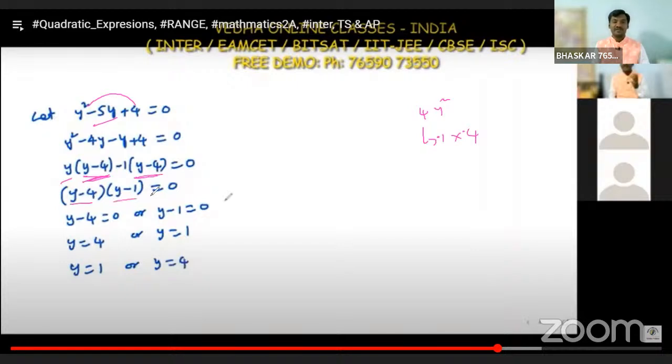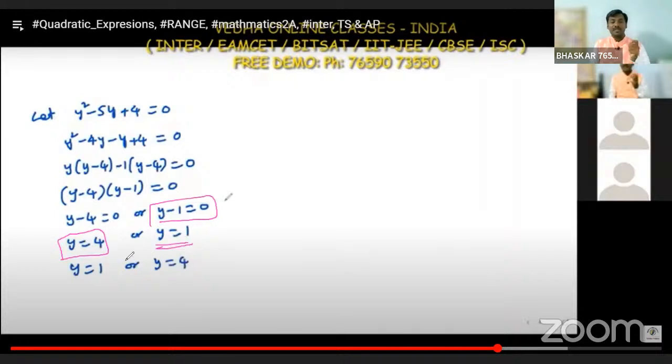That means (y minus 1)(y minus 4). When the product of two factors is 0, either the first factor is 0 or the second factor is 0. y minus 4 equal to 0, that means y is equal to 4. y minus 1 equal to 0, so y is equal to 1.